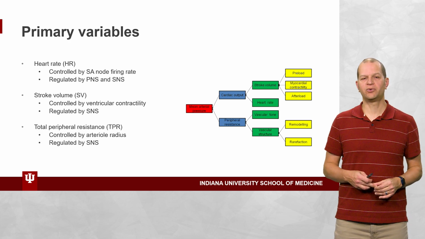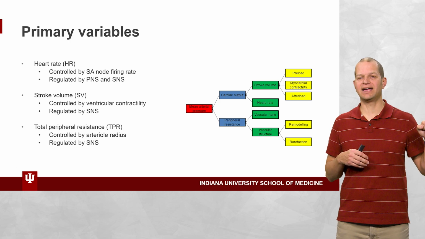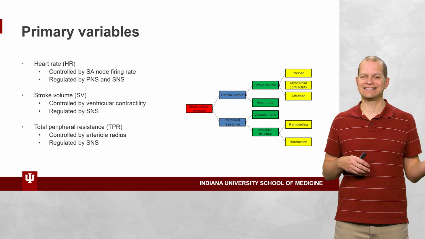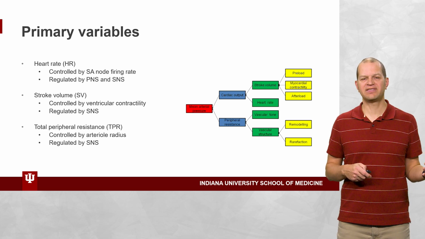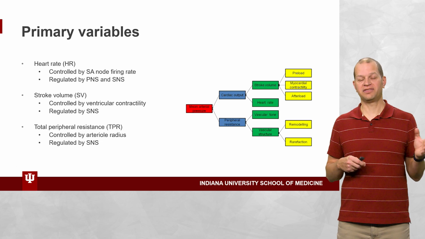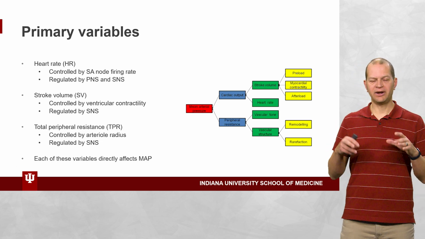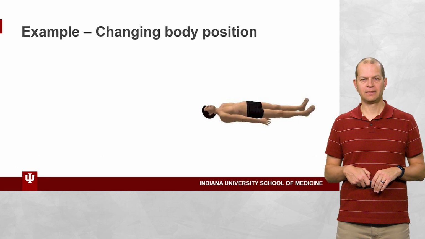And then we've got total peripheral resistance. If you recall, resistance is most affected by radius, and the things that can change the radius the easiest are arterioles. This is also controlled by the sympathetic nervous system. But ultimately, each of these variables directly affects pressure.